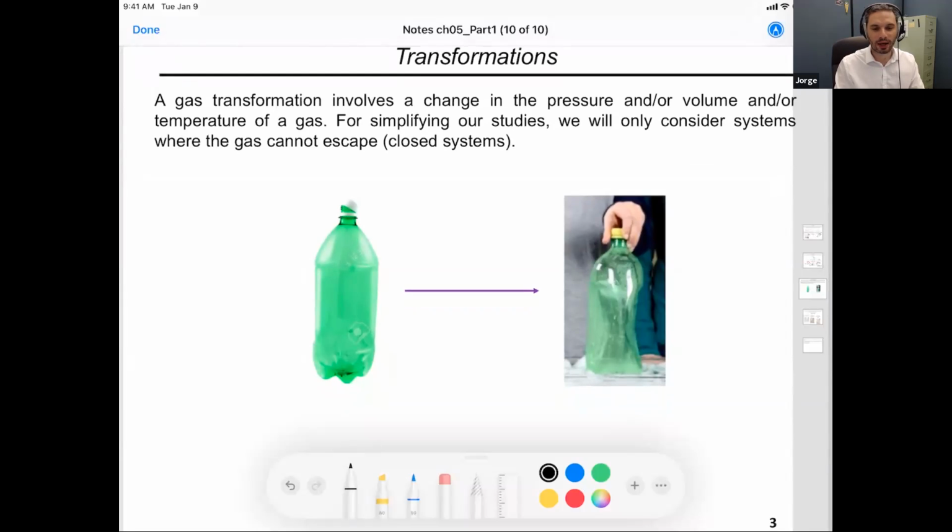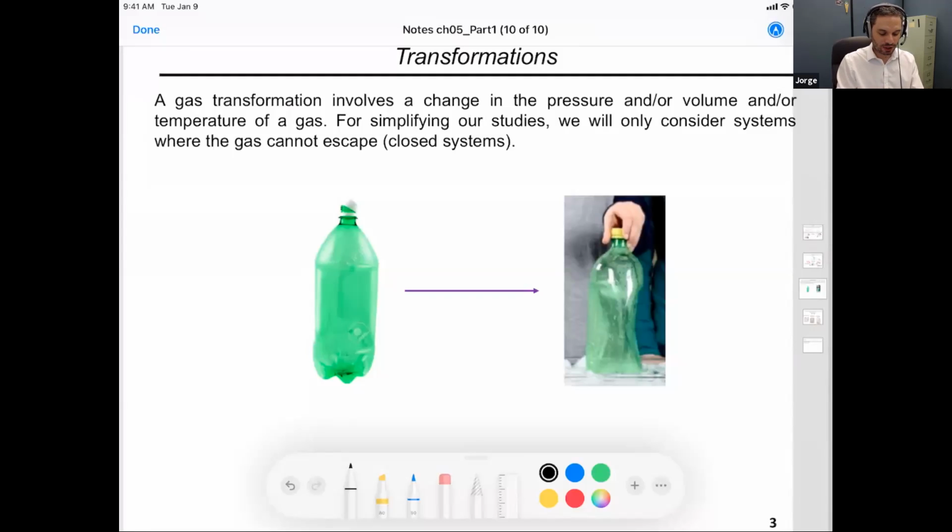If you take a plastic bottle, put the cap in, and cool down the bottle, you can leave it in the freezer or the fridge or put it in an ice bath, you are going to see that the bottle will shrink. Okay, so the volume of the bottle will decrease.